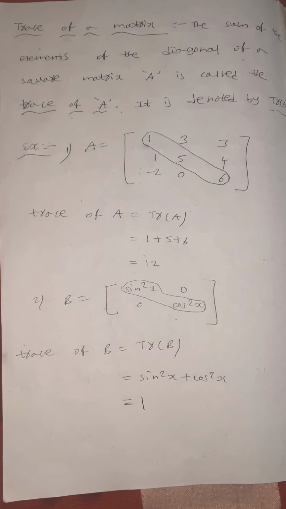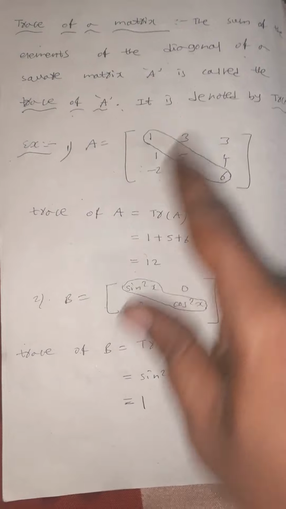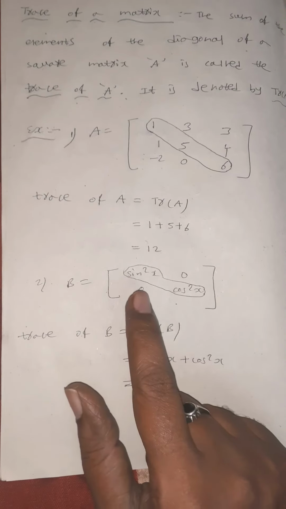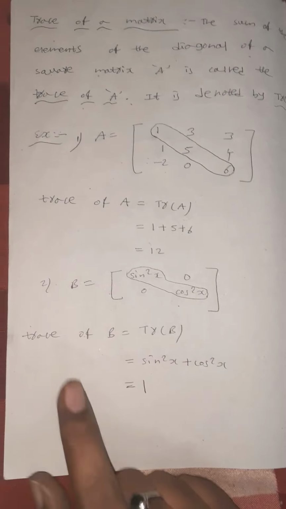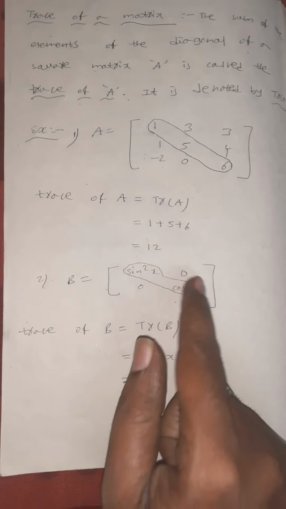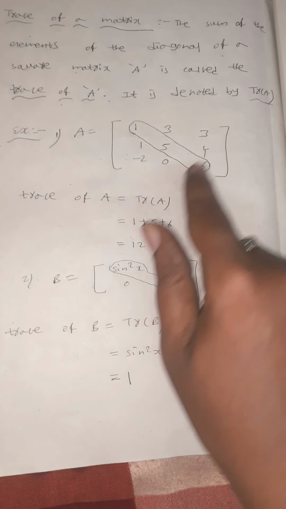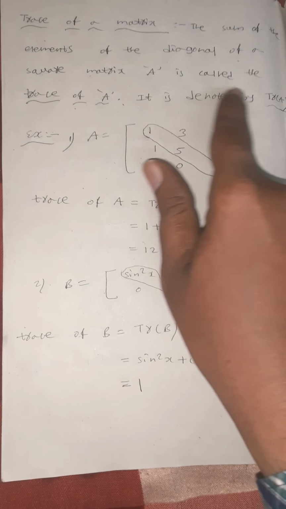So this is the answer for this example, trace A. Next example: sin square x, 0, 0, cos square x. Here, what is the trace of B? You should not take it like this, because we have to find the diagonal of a square matrix only.